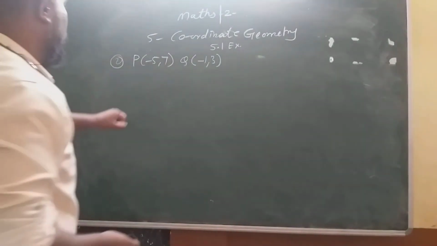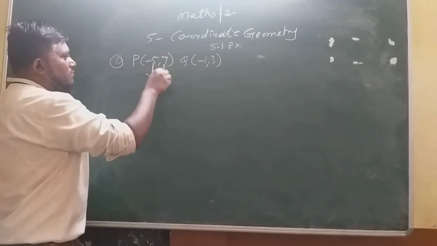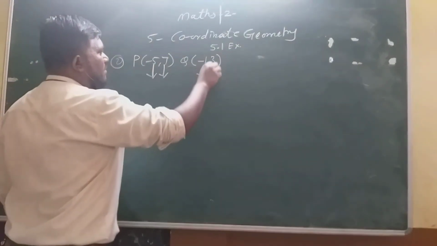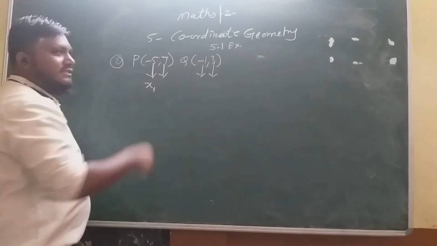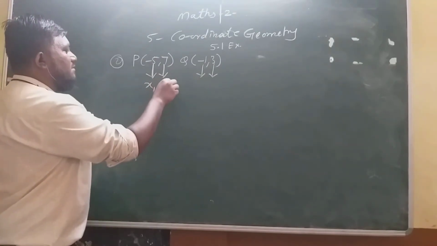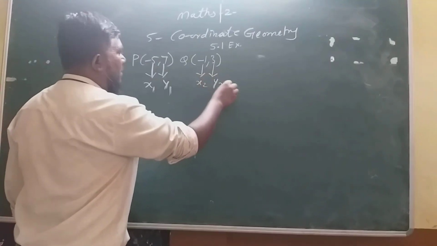So next example we are going to see. Now like this, we have to show the denotation from the first bracket. First coordinate is of x-axis, that is x1, this is y1, this is x2, and this is y2.